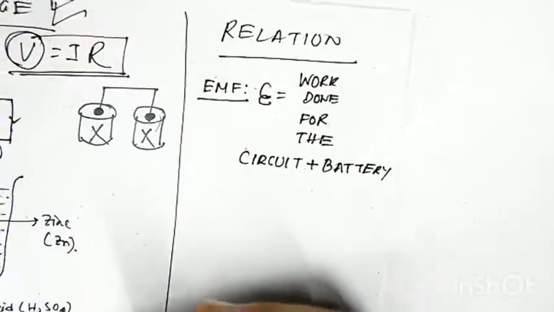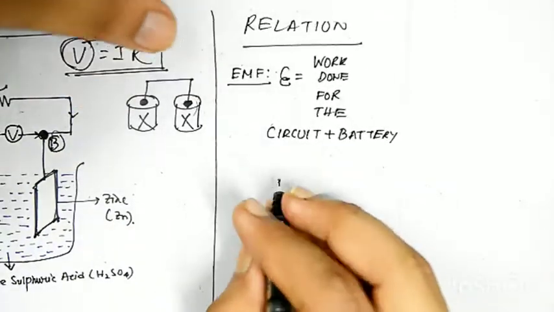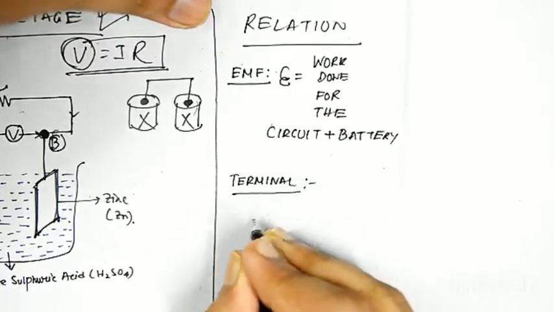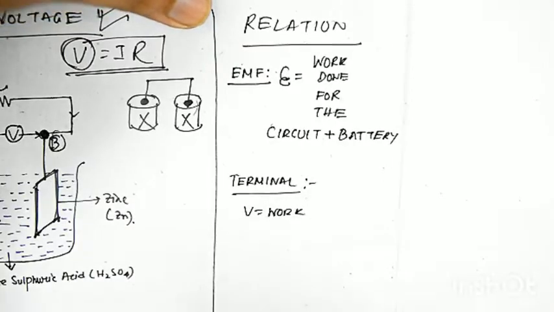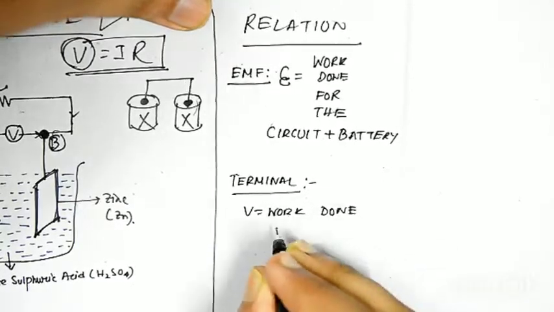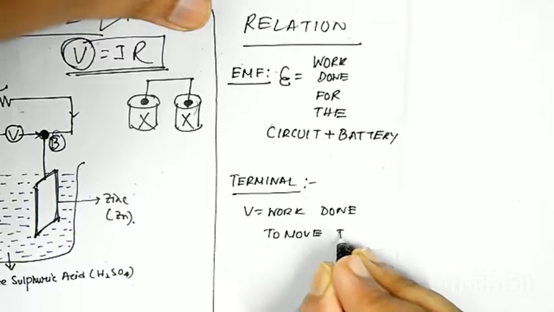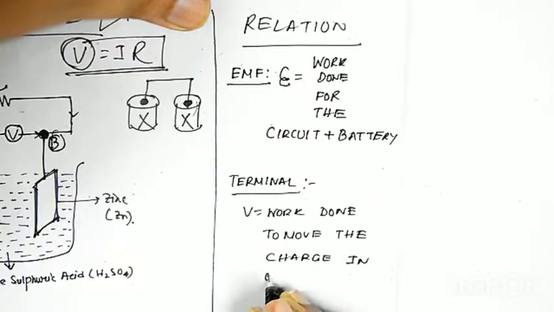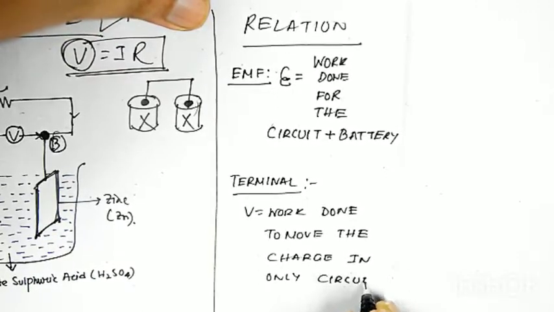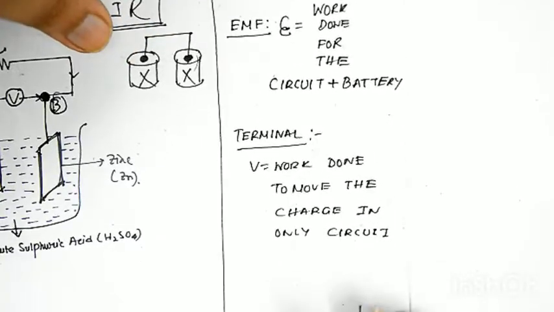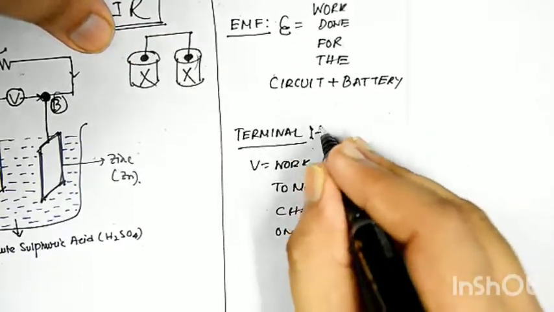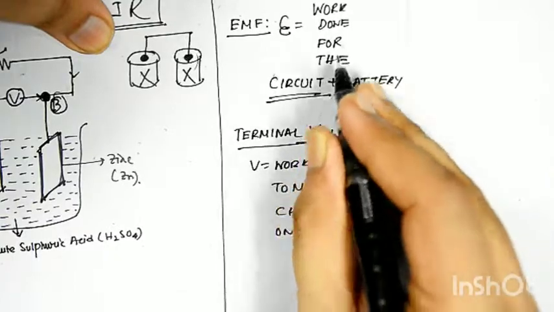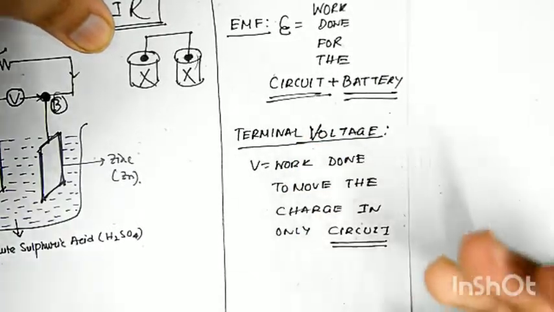Whereas terminal voltage is the work done for only the circuit, work done to move the charge in the circuit. Clear? So terminal voltage is the work done for only the circuit portion, and electromotive force is for both the circuit plus the battery inside the case. Clear?